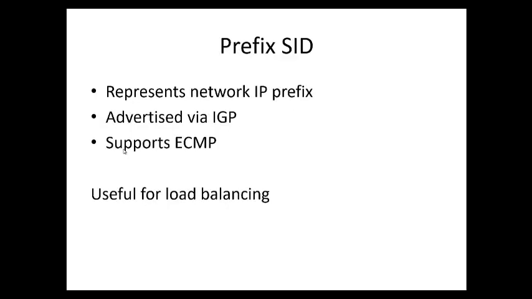Prefix SIG ID represents the network IP prefix. It's not the entire router, it is one particular network in the faraway router, in the remote router. What is the advantage? We can have ECMP to go to that network, what are all the possible paths, and what are the labels for those paths.